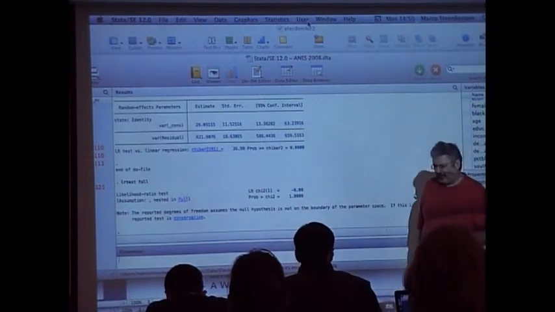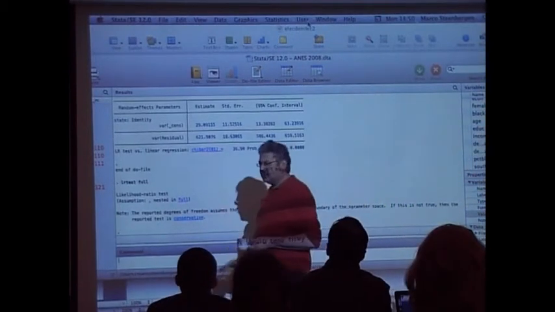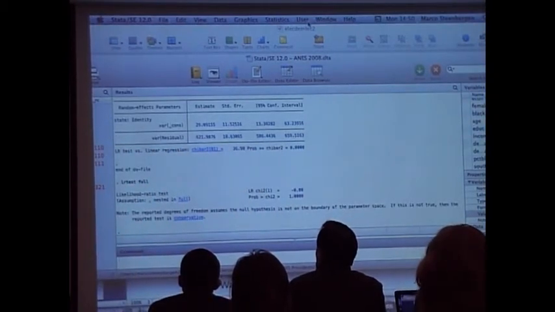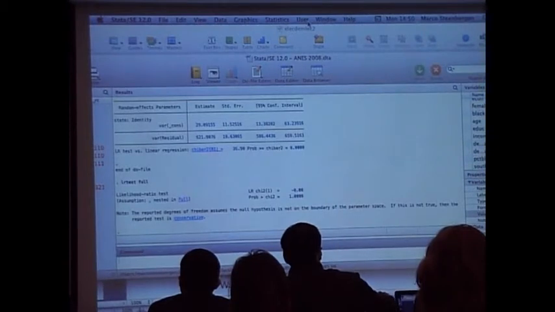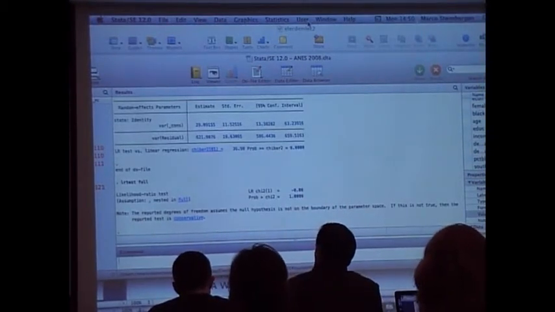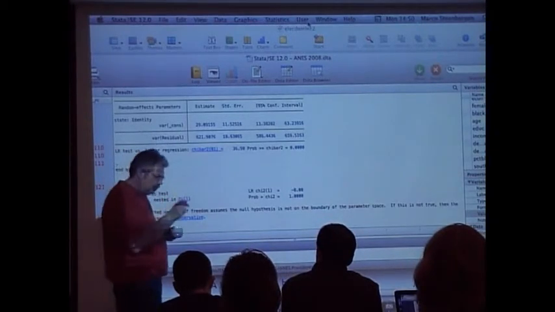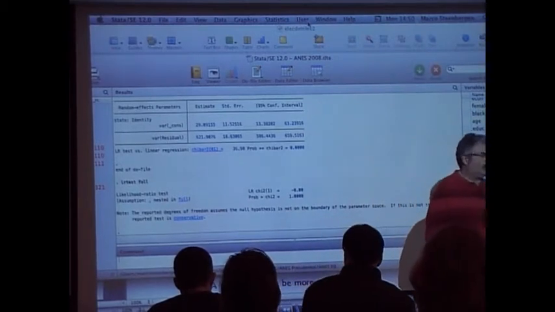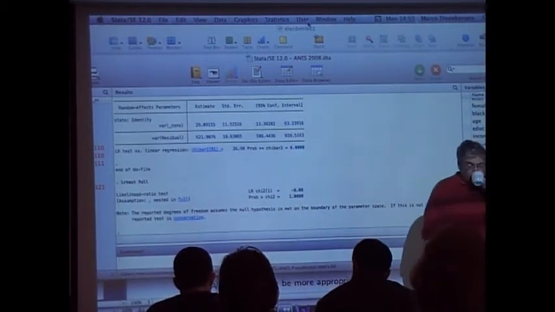That is, you have a model that has no predictors in it, and you have a model that has predictors in it, and if the predictors do anything, then the error variance should reduce. And so you can look at the proportional reduction in error. That's your R squared.